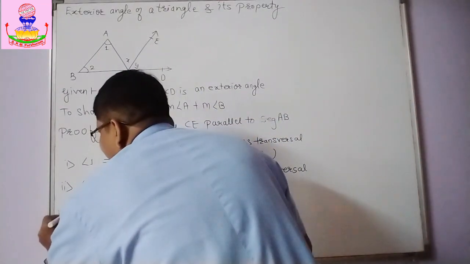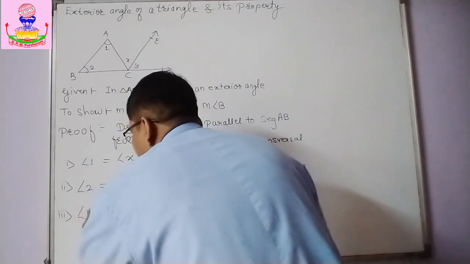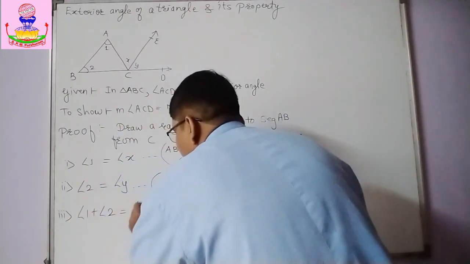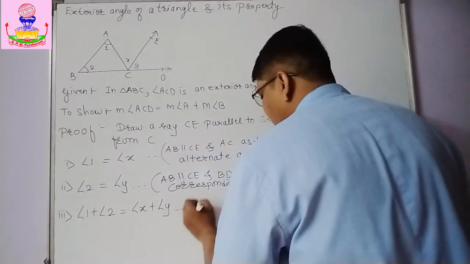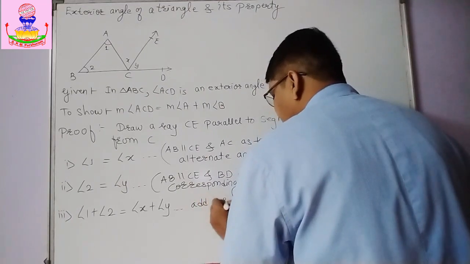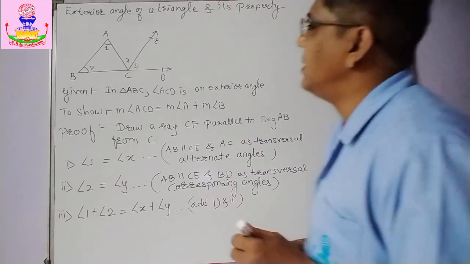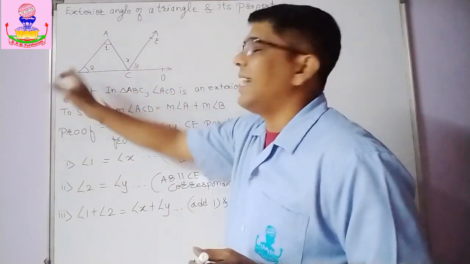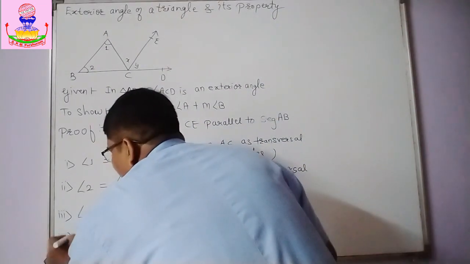Okay. Now what do you do? Add step 1 and 2. So third, I am adding step 1 and 2. So angle 1 plus angle 2 is equal to angle X plus angle Y. Now angle 1 plus angle 2 means angle A plus angle B. Exactly.